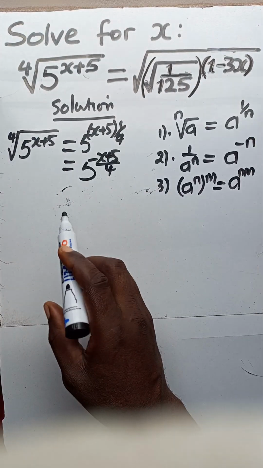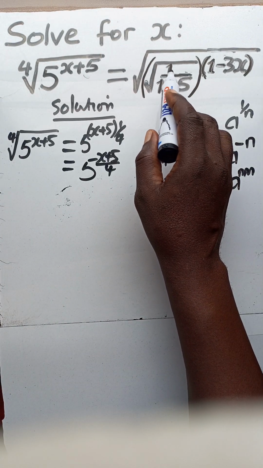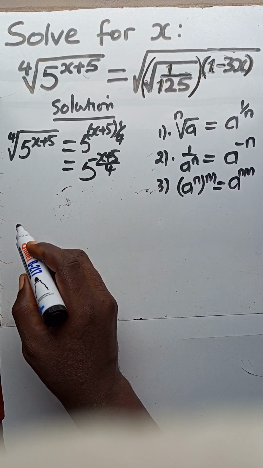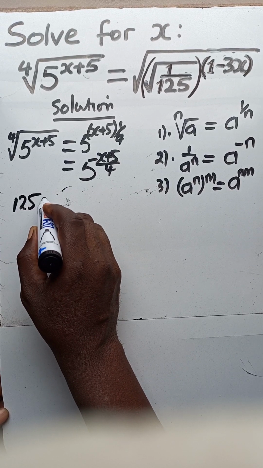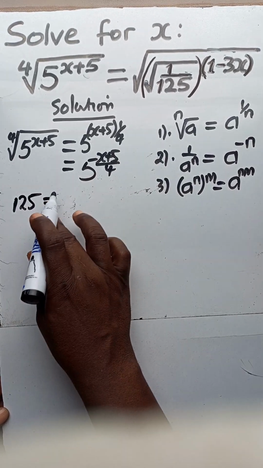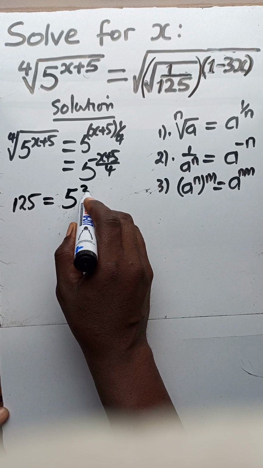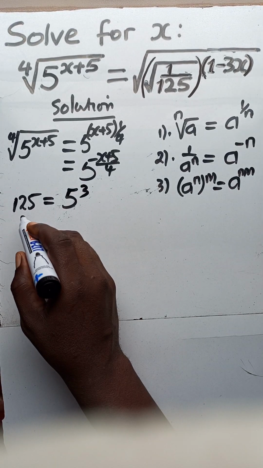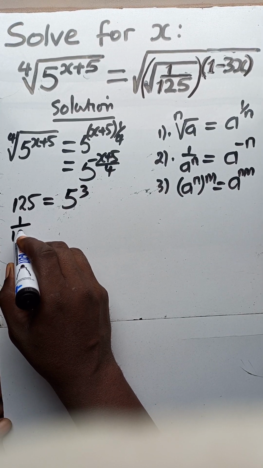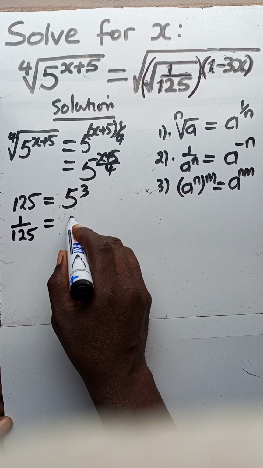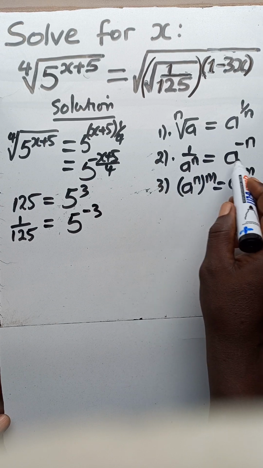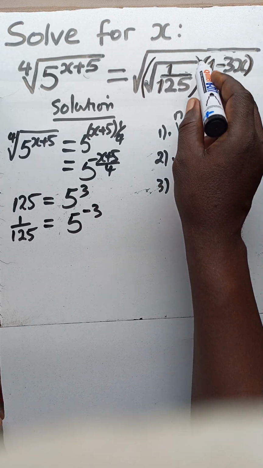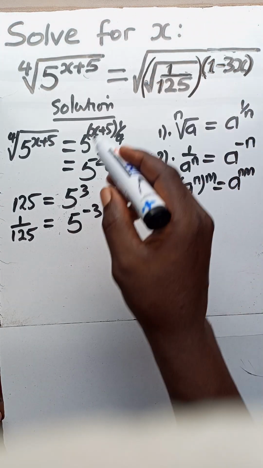Now the right-hand side, we'll first of all handle 1 over 125. We know that 125 is the same as 5 to the power 3. Now, 1 over 125 will be 5 to the negative 3, applying the second law. Now, it has been put under the square root sign.